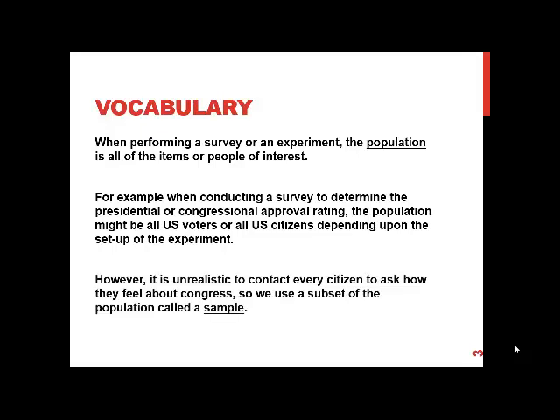However, we all know that it is unrealistic to try to contact every citizen to ask how they feel about Congress. So we use a subset of the population when conducting the survey or the experiment. We call that subset of the population a sample.